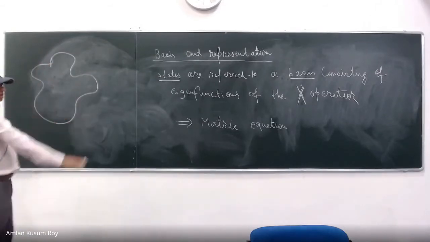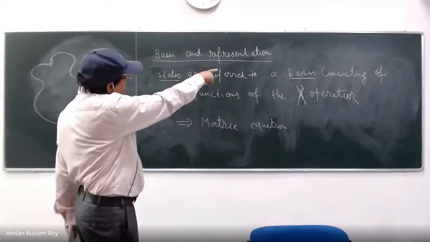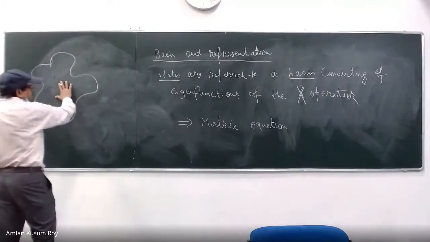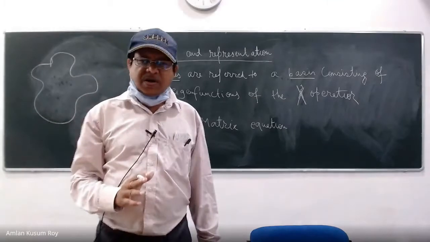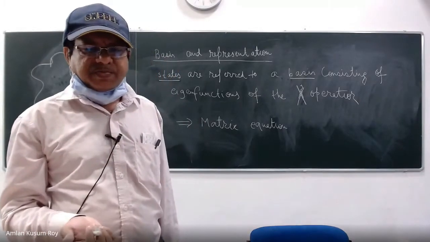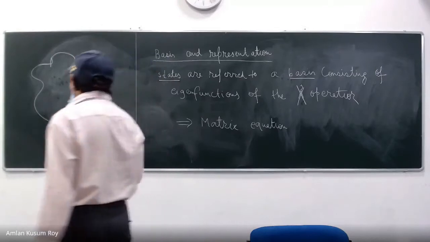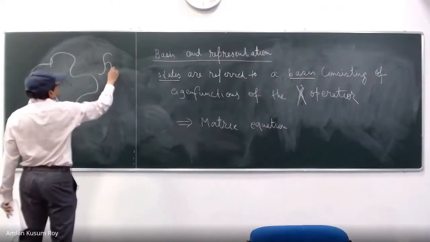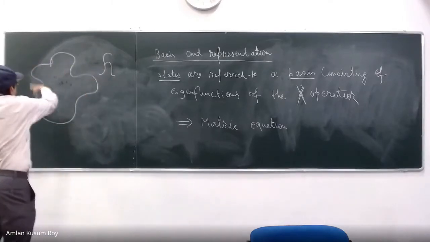I have many functions, but I'm going to now discuss the basis in an arbitrary space. The basis for me is coming from the solution of an eigenvalue equation. Within this space, let this space be denoted by a symbol H. This is the whole space of functions.